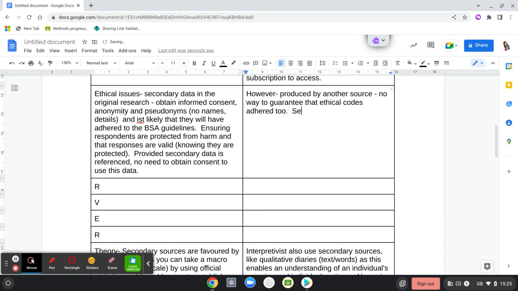And secondary data might be used in ways not originally intended.